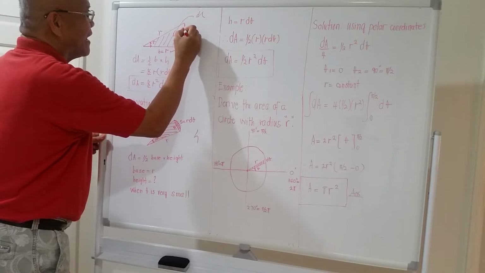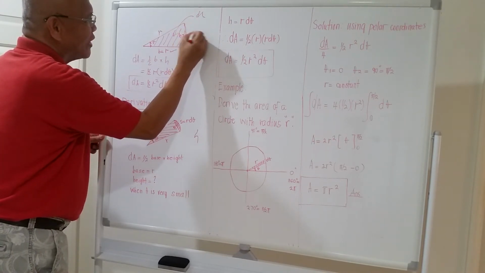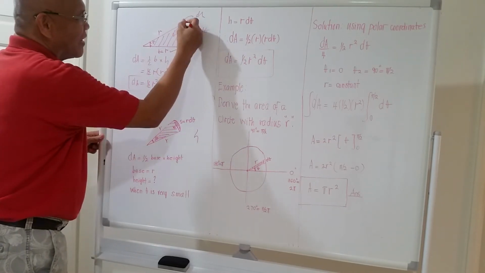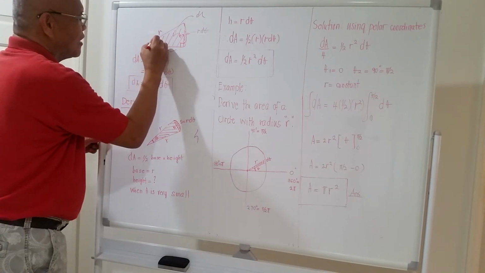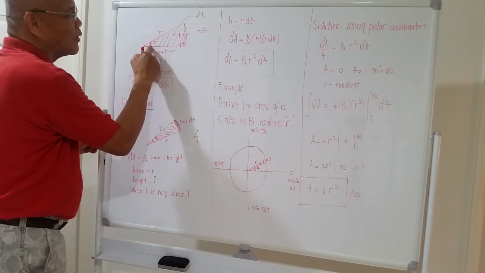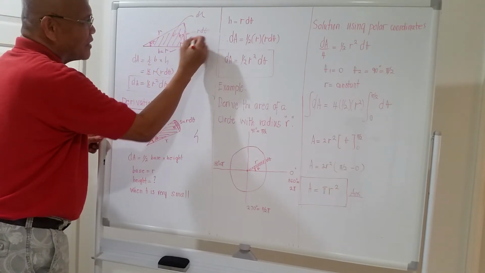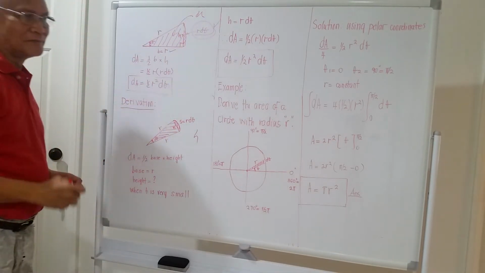Because the arcs here is too small. So if this is r differential theta, the arcs, if differential theta is too small, h will be almost equivalent to the arcs, and that is equal to r differential theta.